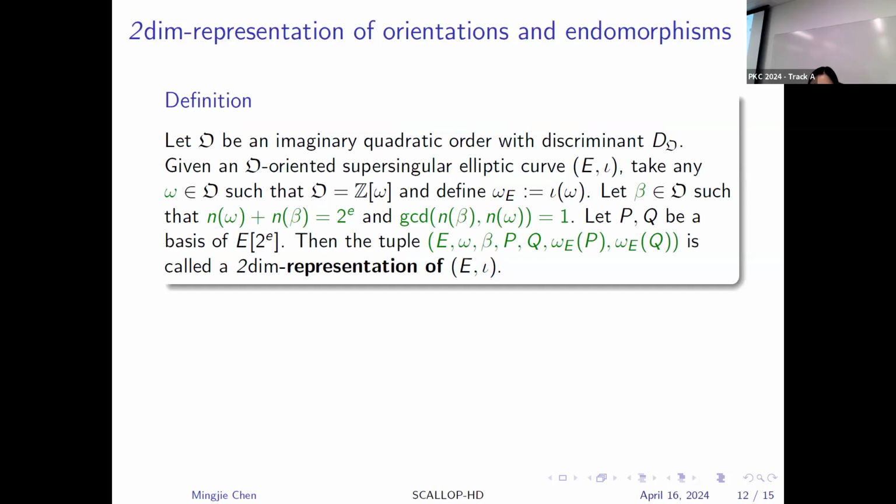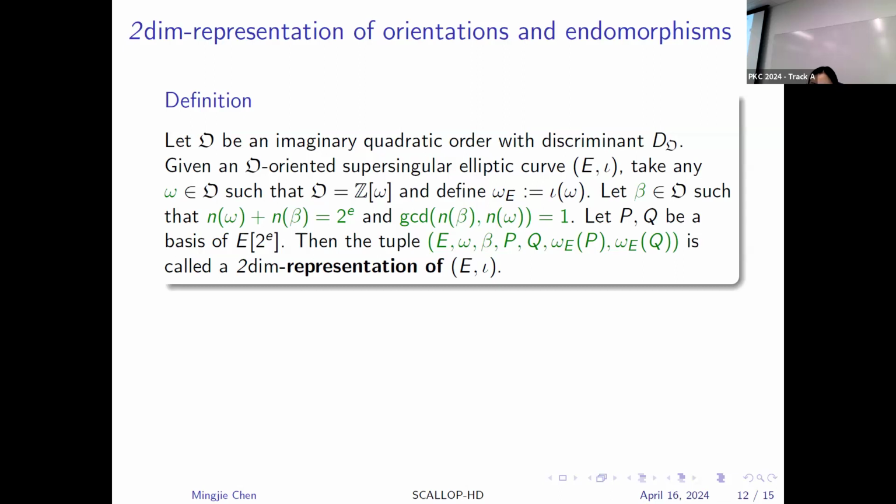You can forget about all the details, but just look at the green tuple, which consists of E, the curve, omega and beta, two quadratic order elements, which are used to build the commutative diagram that appeared on the previous slide, P, Q, the torsion basis that we're interested in, and omega E P, the evaluation of the torsion basis. Together, we can evaluate the orientation. And this is called a 2D representation of E iota.